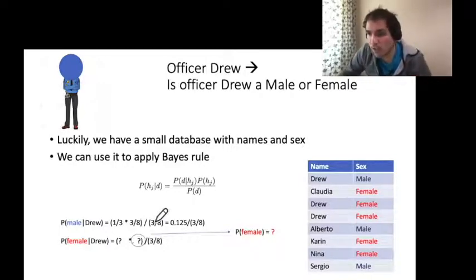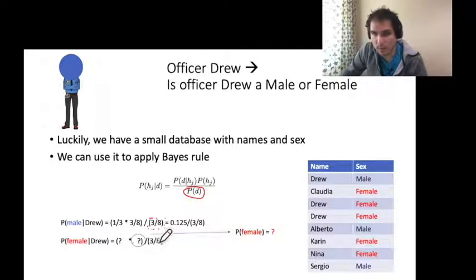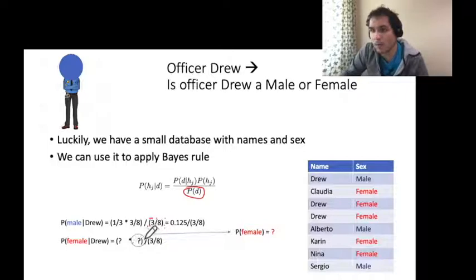Something important here is that, look at this part. This part is going to be the same because it's the probability of Drew. So we don't really need to recompute that. We already have this portion of the equation. Now we need to compute this portion here, which is the probability of a female, and then the conditional probability.